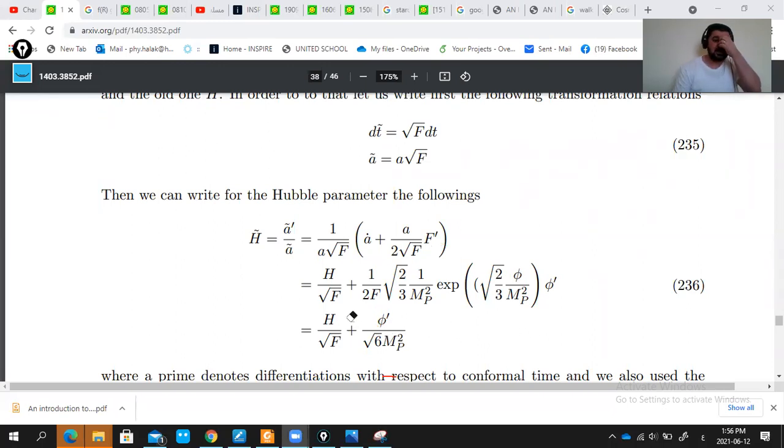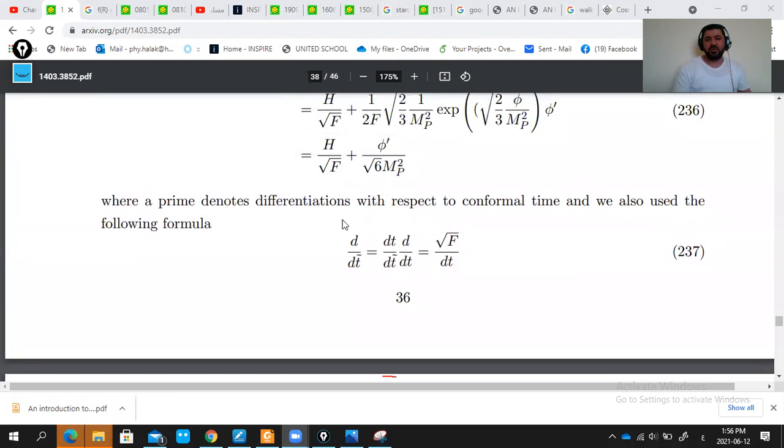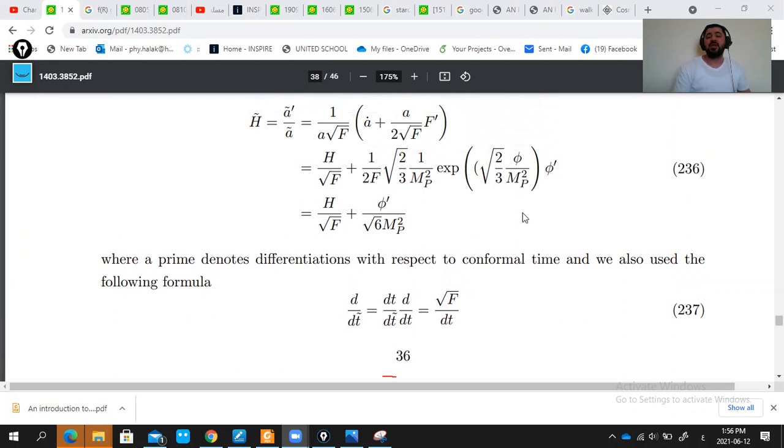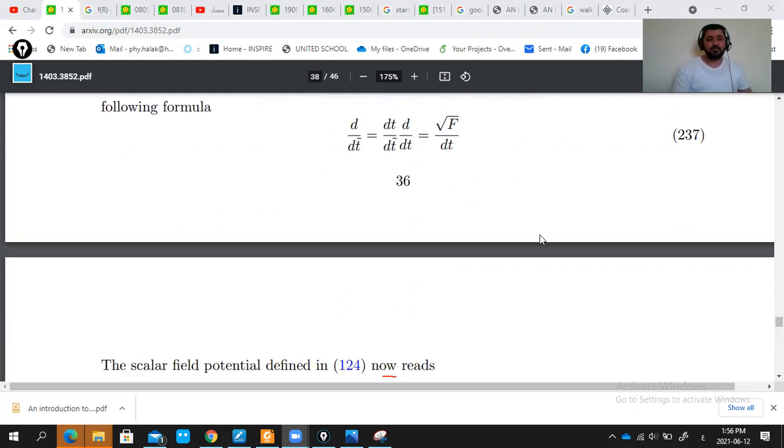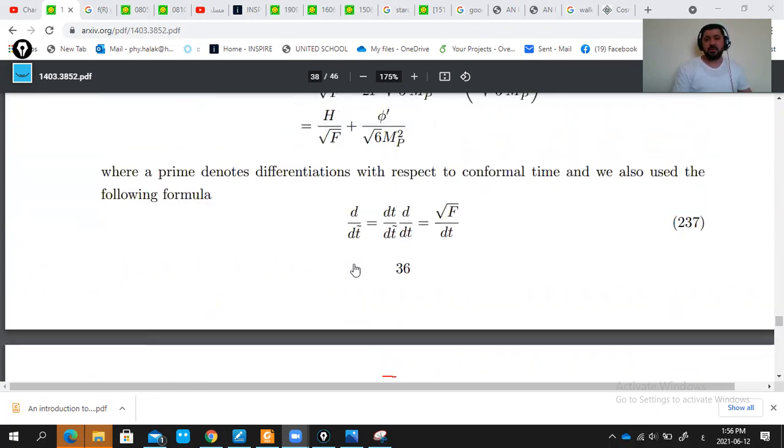So this is the relation between the Hubble parameter in Einstein frame and the Hubble parameter in Jordan frame. Where prime denotes the differentiation with respect to the conformal time, and here we mean by the conformal time the time in Einstein frame. Now the scalar potential defined in 124.